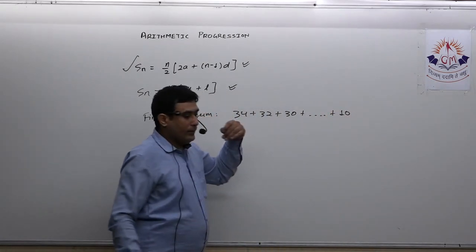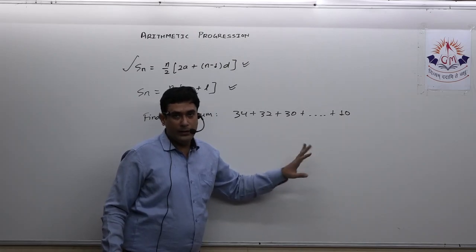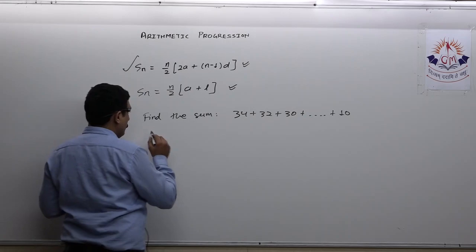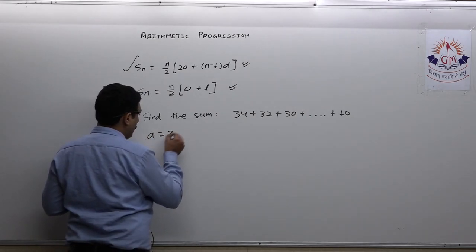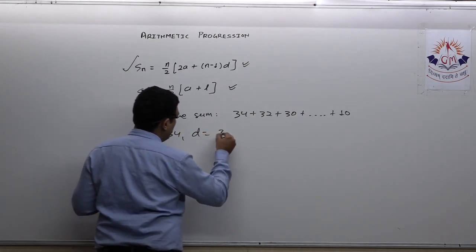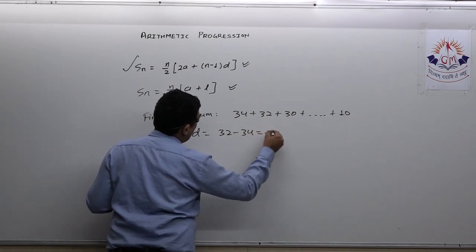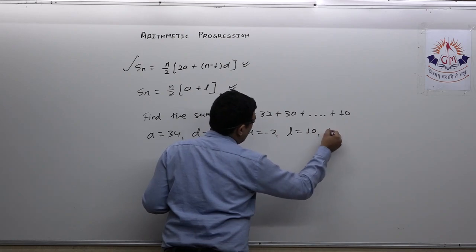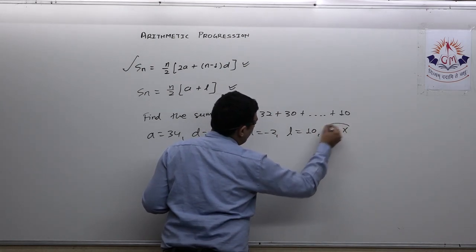In the previous sum it was given up to the term. Here it is not given up to the term, that means n is not given. So here we have A 34, we have D 32 minus 34, that is minus 2. We have the last term 10, but n is not given.